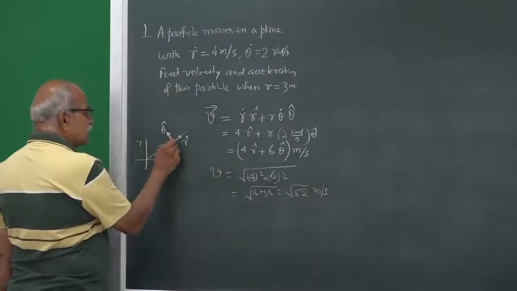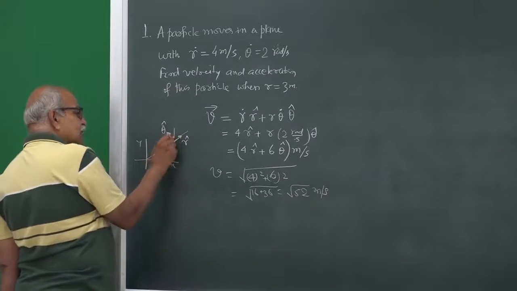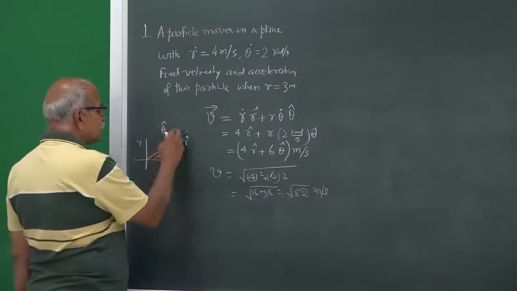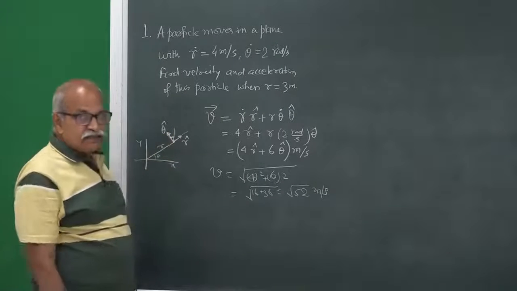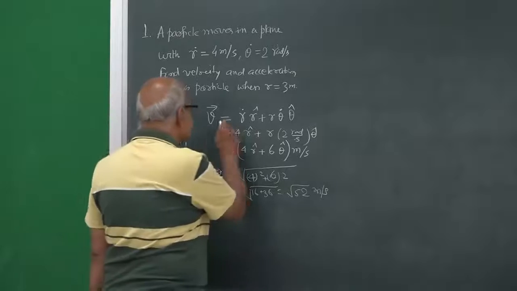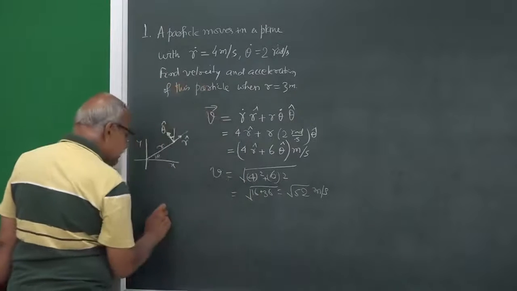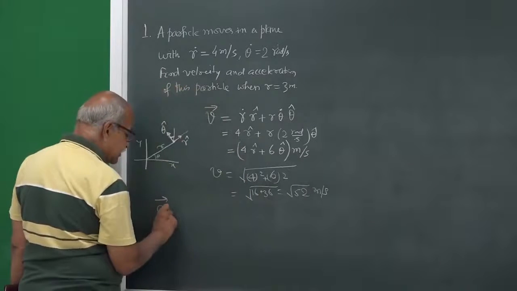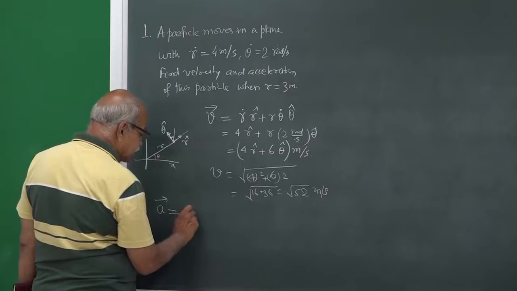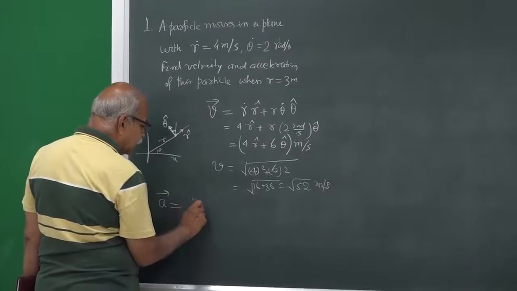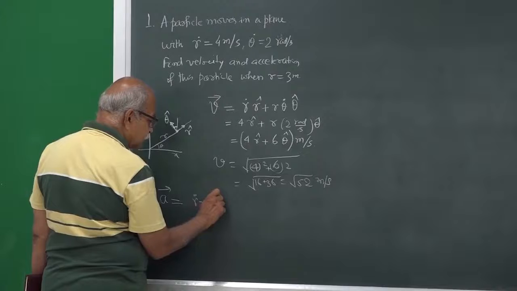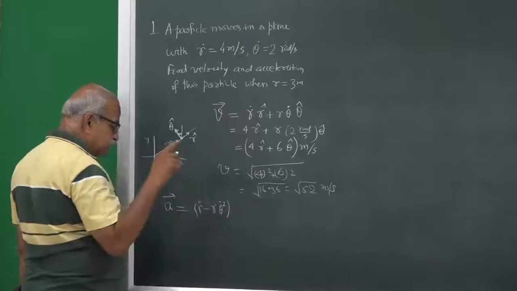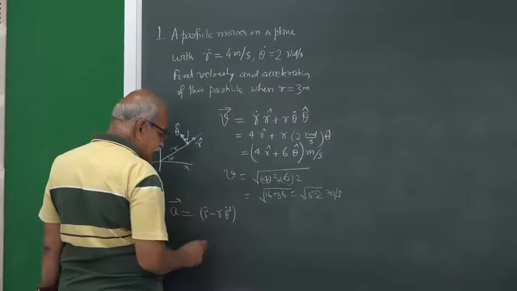And if you want the angle, you can always get it: tan of this angle is equal to the radial component divided by the transverse component. So, this is about velocity. Then the radial component of acceleration is r double dot minus r theta dot square, in r cap direction. We must have derived this, otherwise you can derive it.